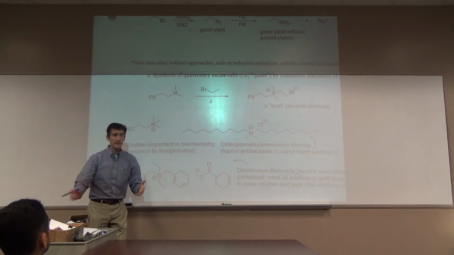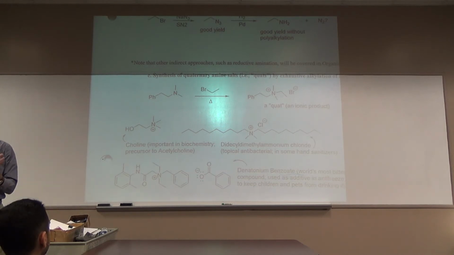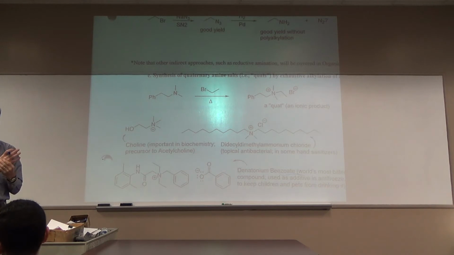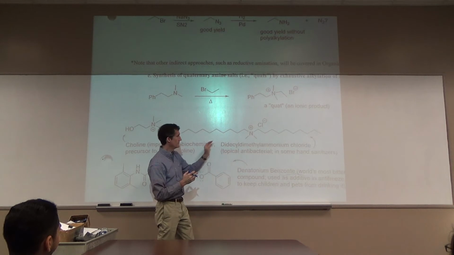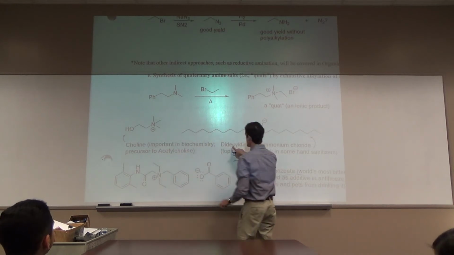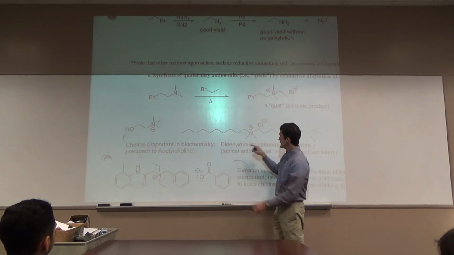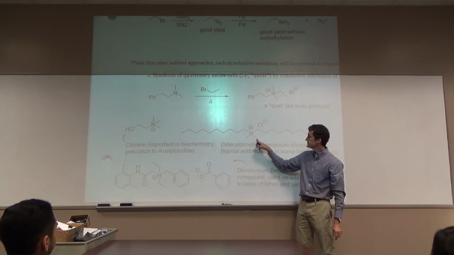A lot of hand antibacterials. You guys maybe have some in your purse. A lot of times those are just alcohol, but sometimes they'll have something in them like didecyl dimethyl ammonium chloride. What is this? What is decyl? 10 carbons? 2 10-carbon chains. Dimethyl, 2 methyls.